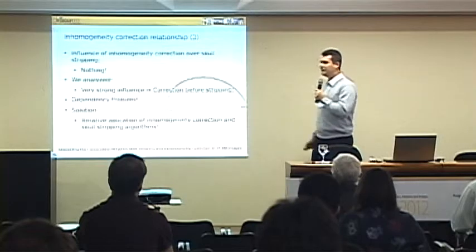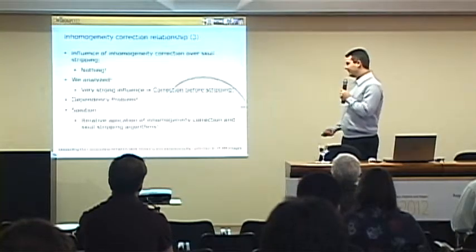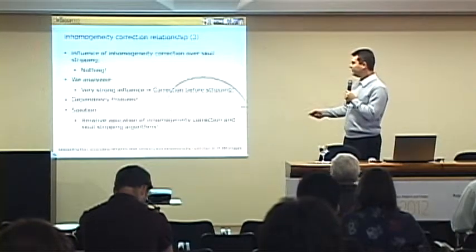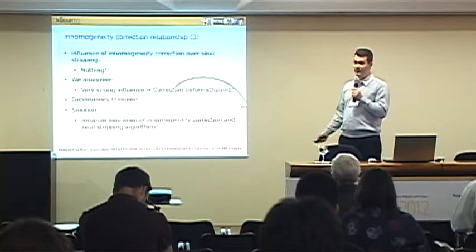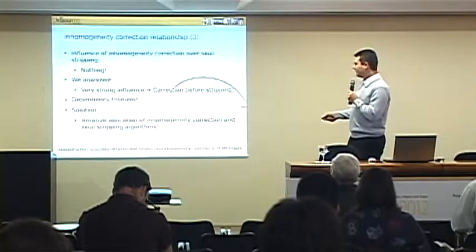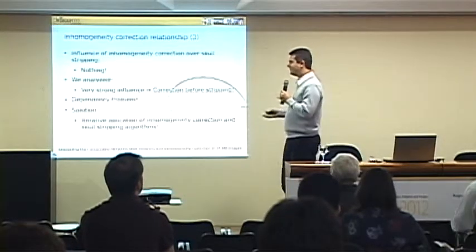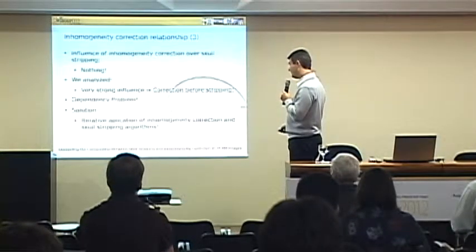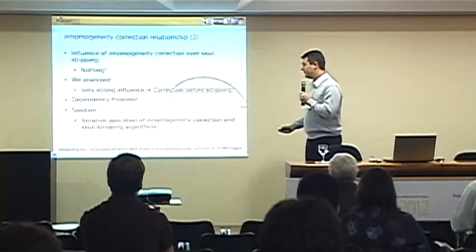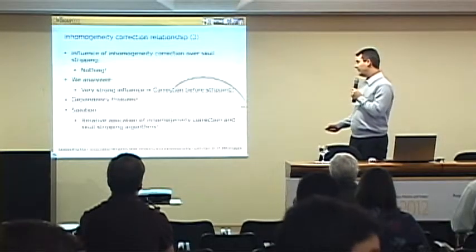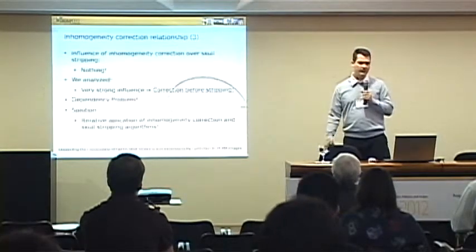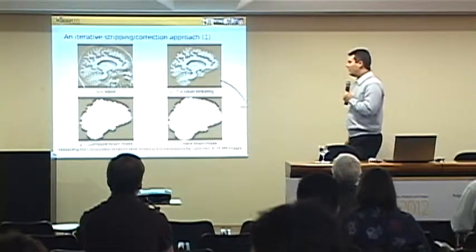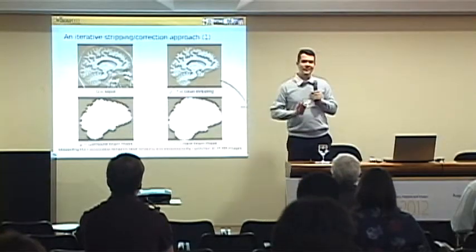The solution that I will present here is in the paper. That's the theoretical contribution of the paper, and now I'll show you a method that is a practical contribution that we made. It's an iterative application of inhomogeneity correction and skull stripping algorithms. What we've done is not complicated.